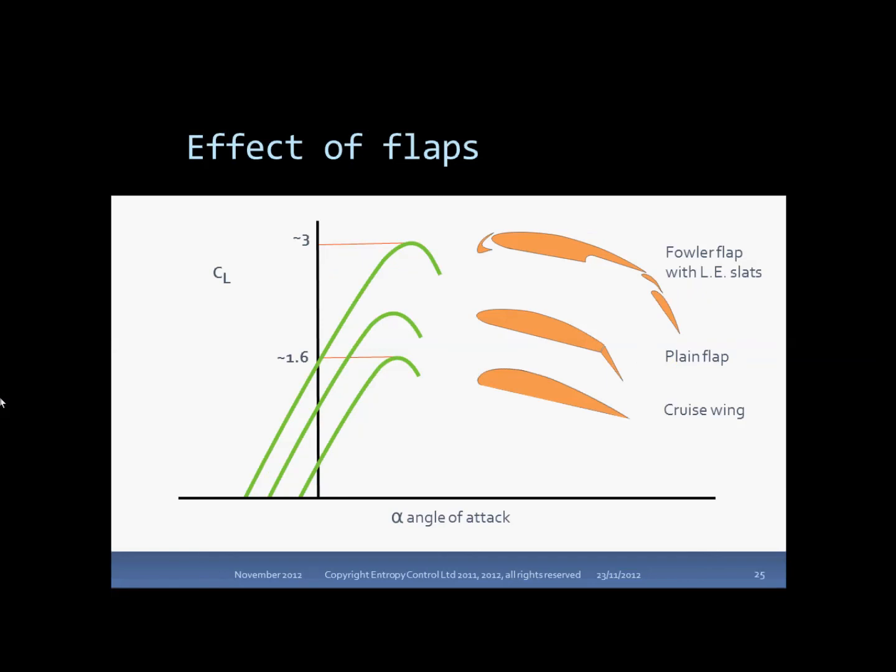I will conclude this section with a short discussion of flaps. As I said, a cruise wing typically has a maximum lift coefficient of about 1.6. Using a split flap like on a simple GA aircraft does increase the maximum lift coefficient somewhat, reducing the stalling speed.